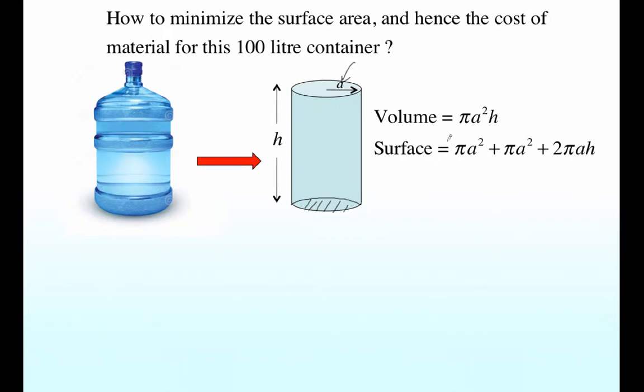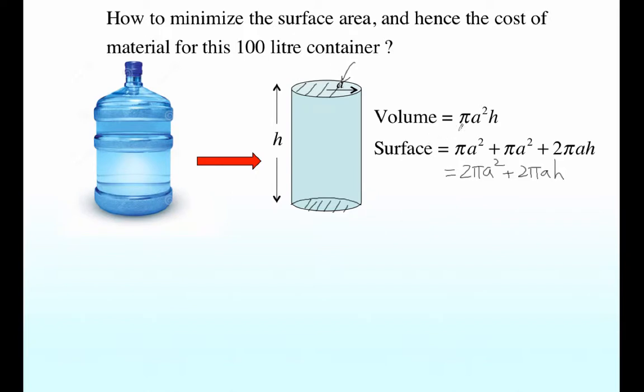So here's the volume. The surface will be this area, pi a squared plus pi a squared over here, and then 2 pi a h for the surface that's outside. That's, of course, 2 pi a squared plus 2 pi a h.